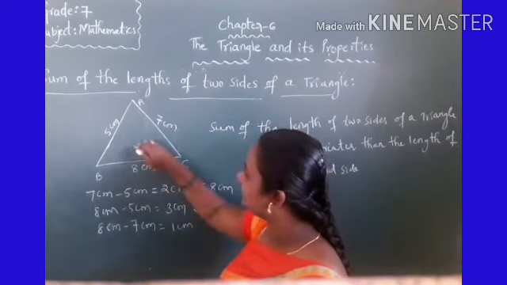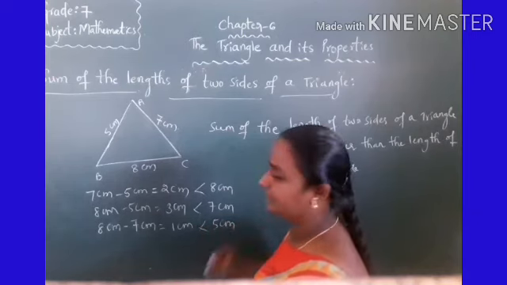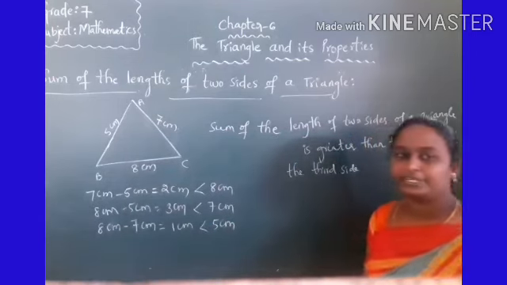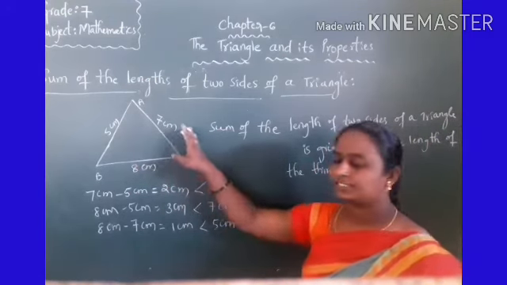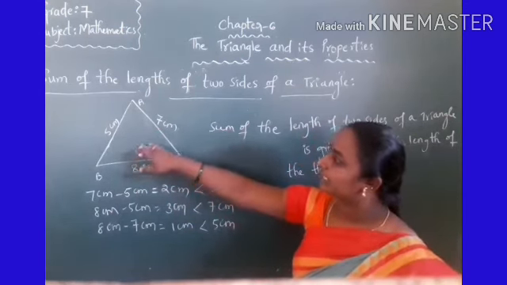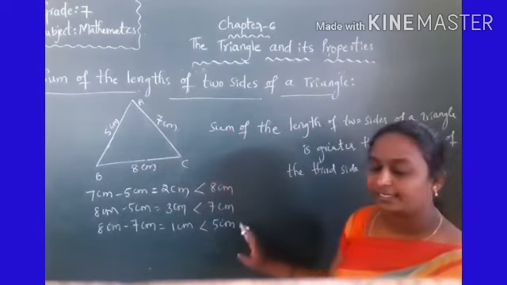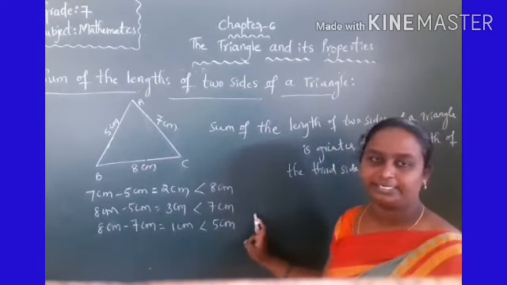This 1 centimeter is less than the third side. The difference of the lengths of two sides of a triangle is less than the third side.